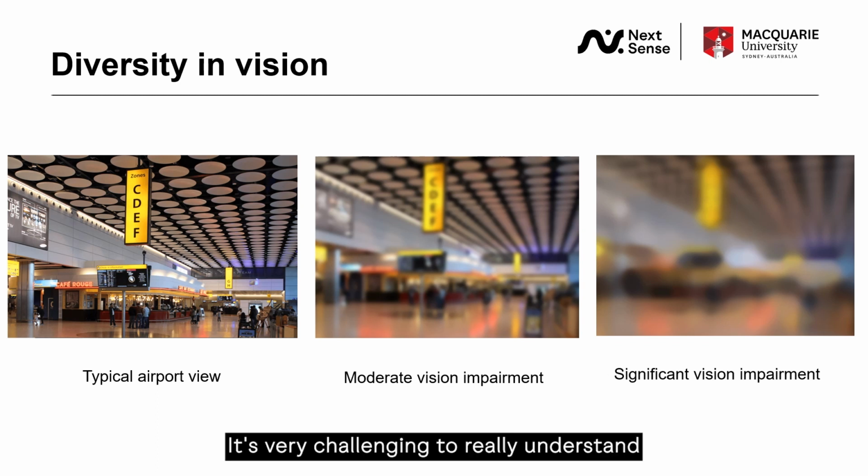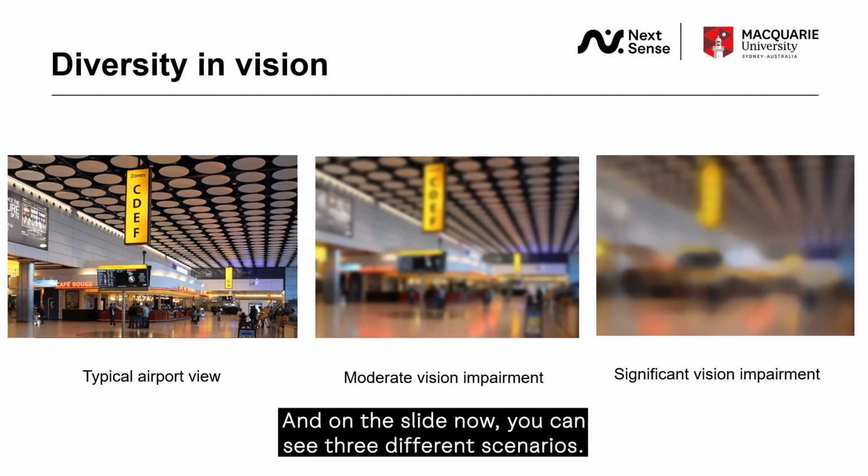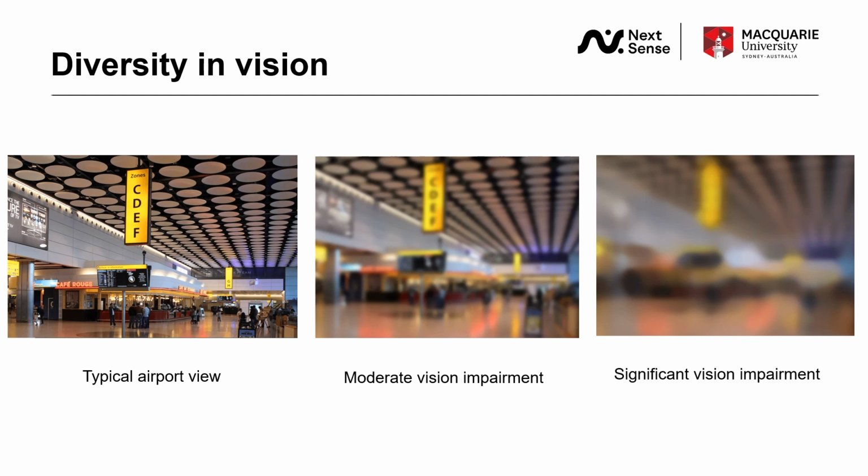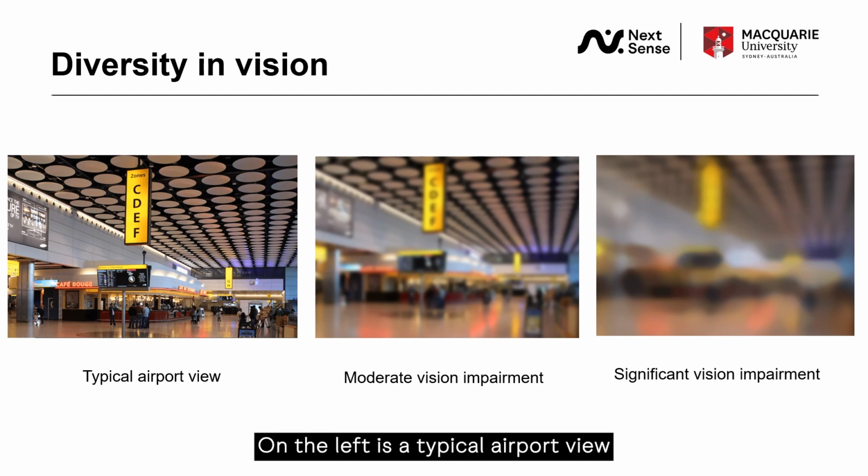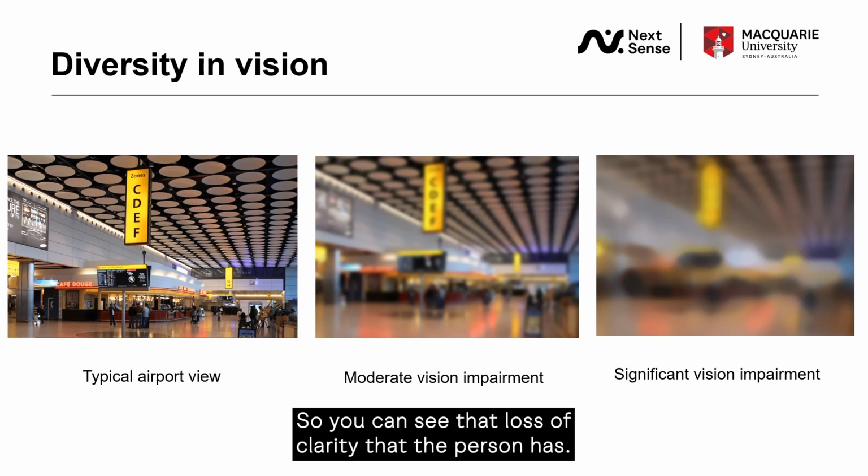It's very challenging to really understand what a person can see. And on the slide now, you can see 3 different scenarios. On the left is a typical airport view. And then in the middle, this now simulates a moderate vision impairment. So you can see that loss of clarity that the person has.